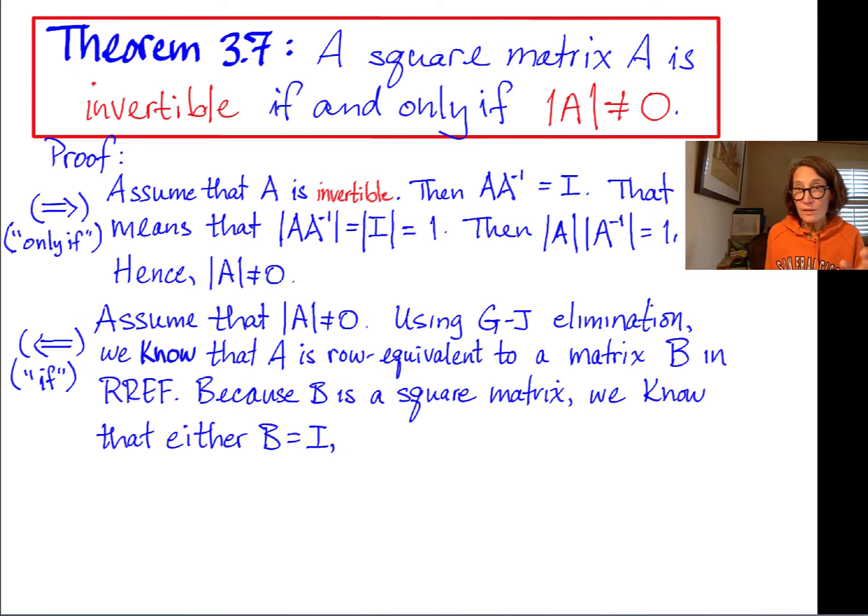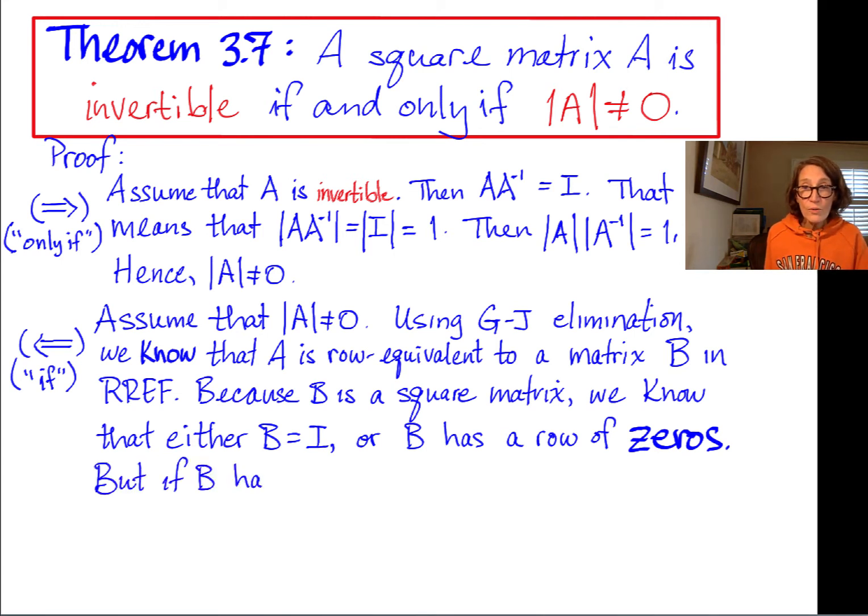But if it doesn't end up being the identity matrix, it has fewer than n leading ones, then there's a row of zeros at the bottom. In reduced row echelon form, either you got n leading ones, which means you got the identity matrix, or you have fewer than n leading ones and you have a row of zeros at the bottom.